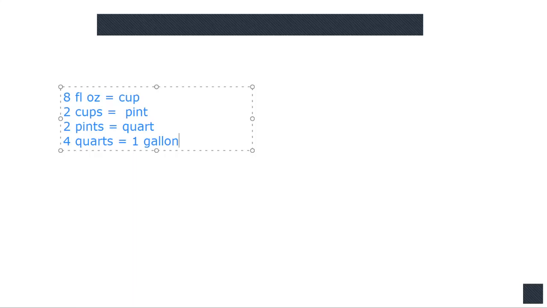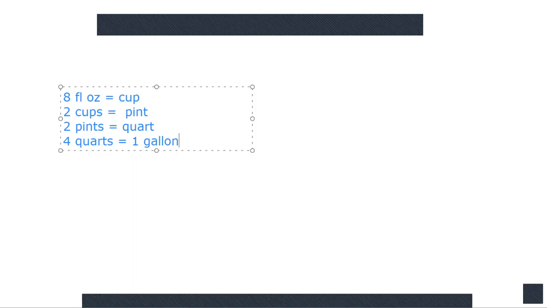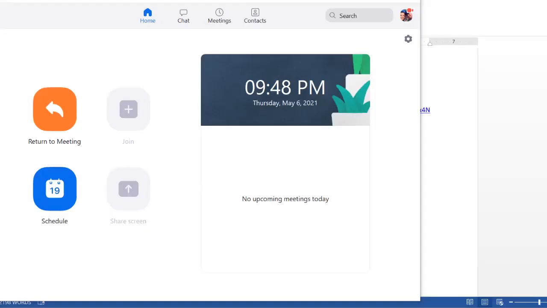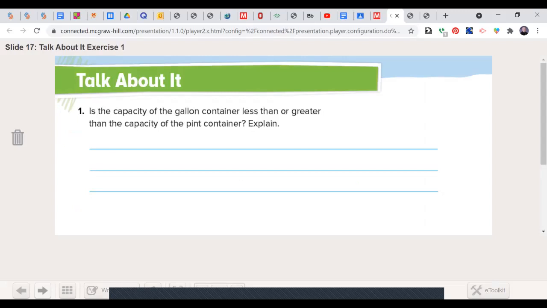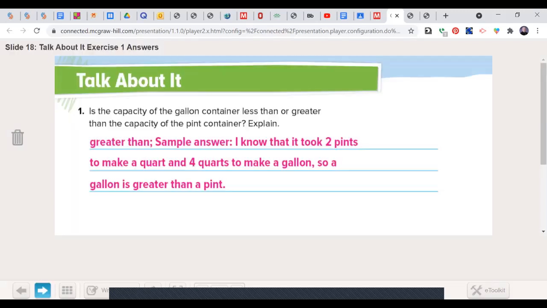All right, so I'm going to go back to my original share. Let's move forward here. Is the capacity of the gallon container less than or greater than the capacity of a pint? Well, because pints go into gallons, we know the capacity of a gallon is greater.